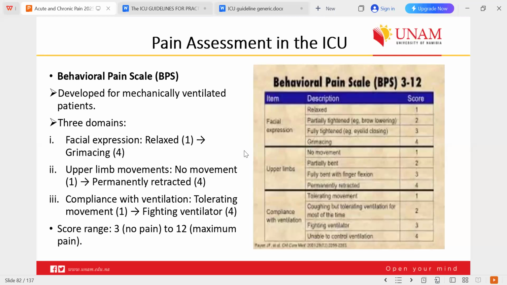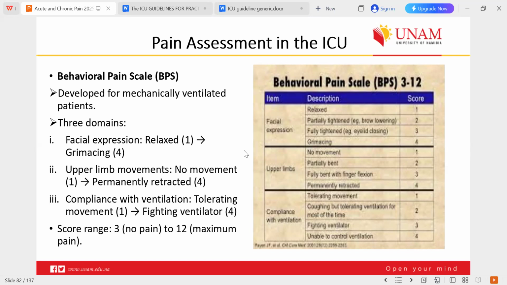Facial expression: patient is relaxed, score 1; partially tightened or brow lowering; patient is fully tightened with eyelid closing; and there's grimacing on facial expression, so you can see that. The other one is upper limb movement, like the question I asked initially. These are the components of the behavioral pain scale: facial expression, upper limb movement, with no movements, partially bent, fully bent with finger flexion, permanently retracted, and compliance with ventilator.